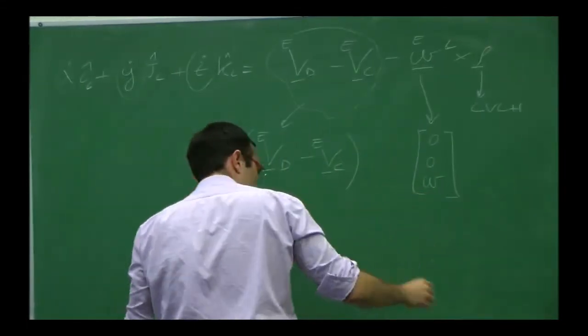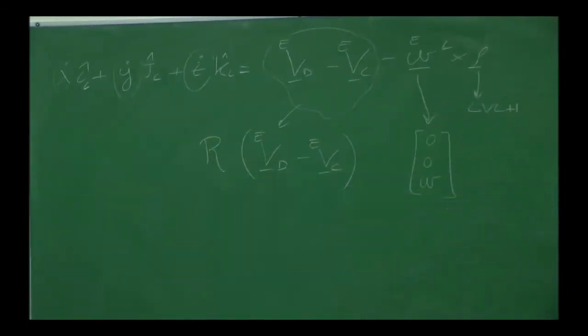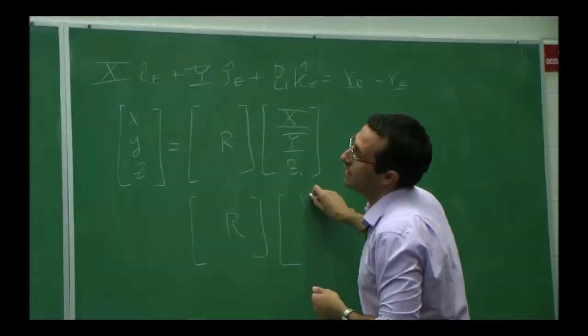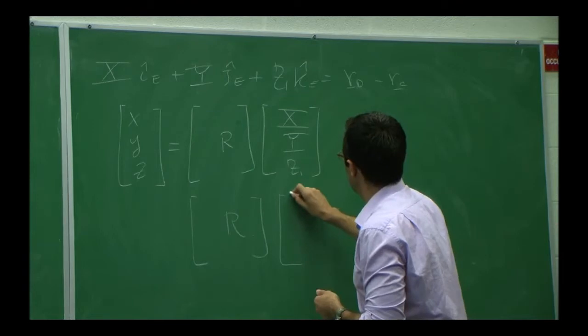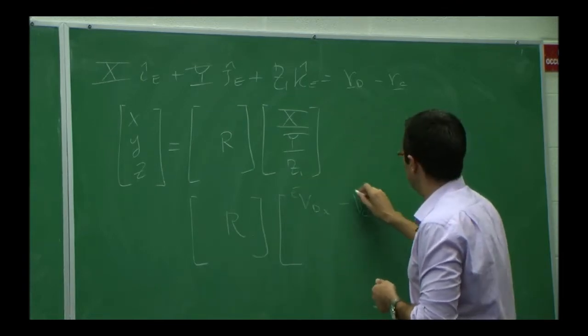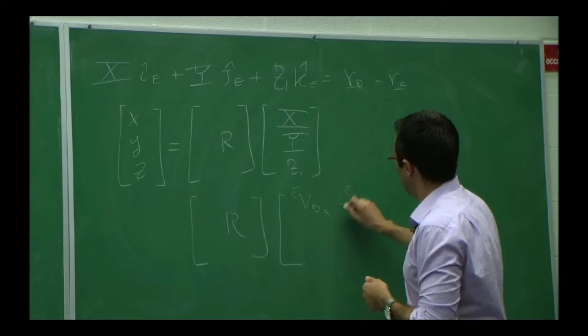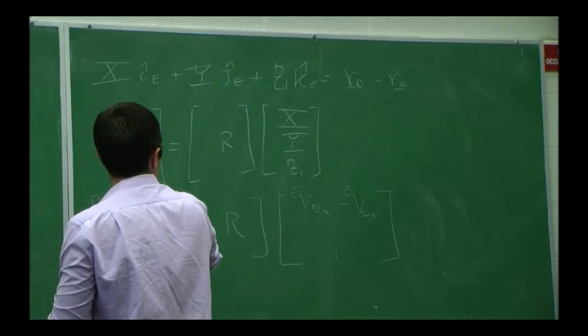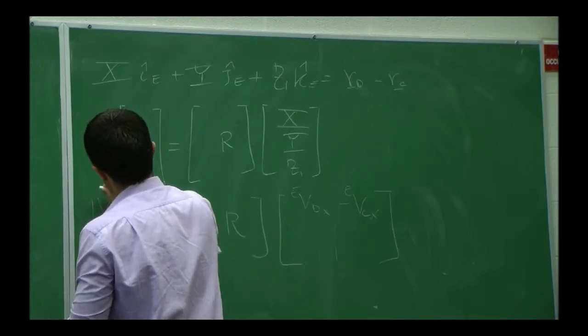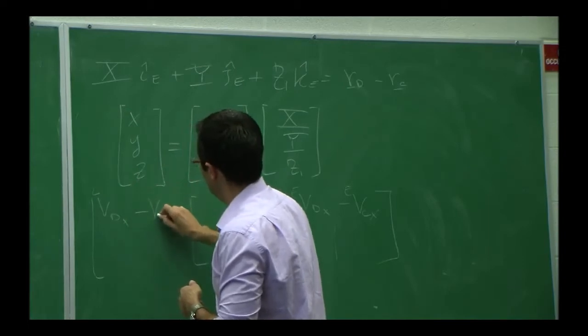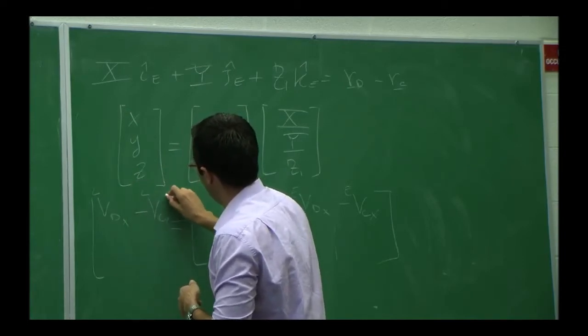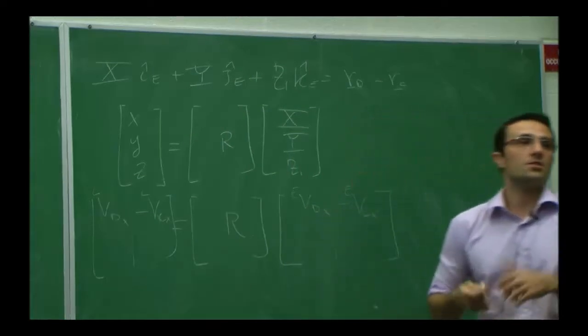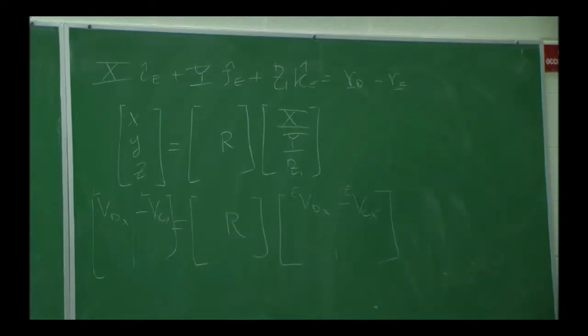So I could basically write exactly the same expression, where the parallel would be V_DX in E minus V_CX in E, etc. That difference becomes V_DX in LVLH now minus V_CX in LVLH, etc. It's just taking a vector, projecting it somewhere else.